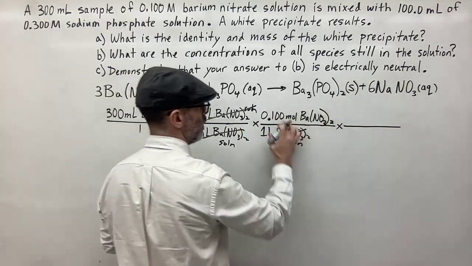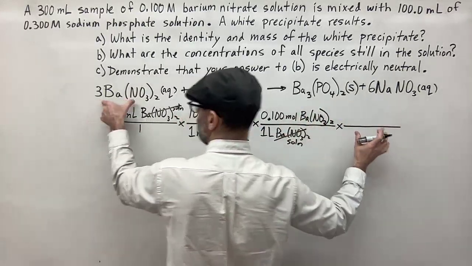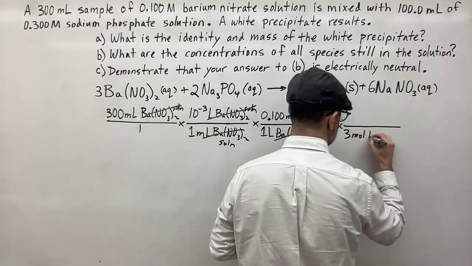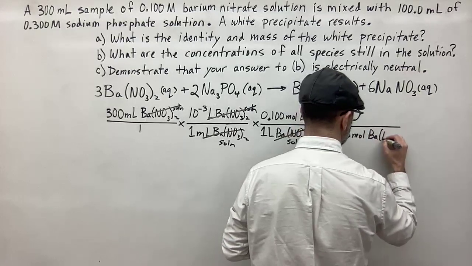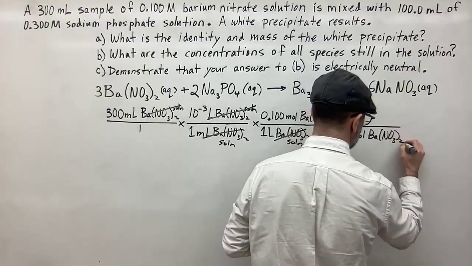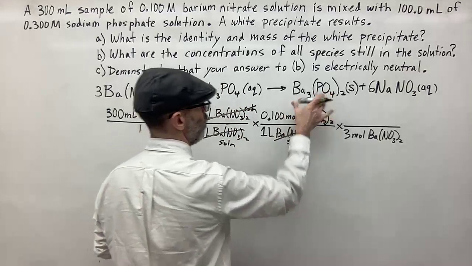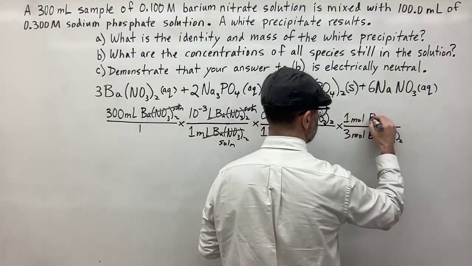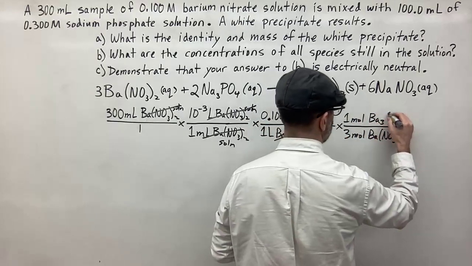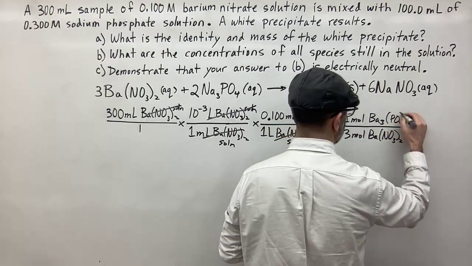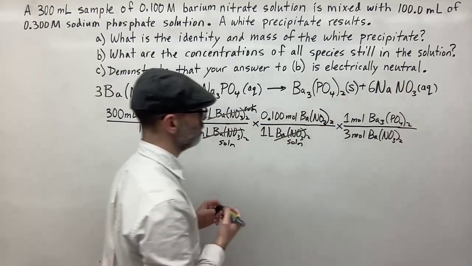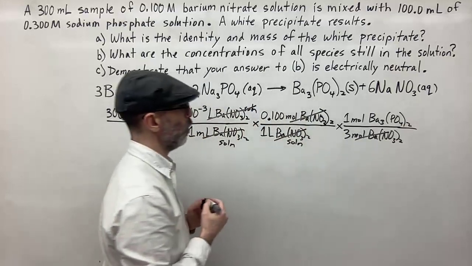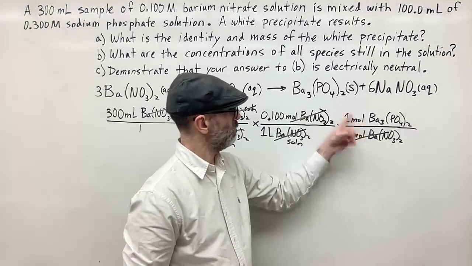Since I have moles of barium nitrate on top, I'm going to put 3 moles of the barium nitrate on the bottom, and I'm going to put 1 mole of barium phosphate on top. So moles of the barium nitrate will cancel out. Now I have moles of the barium phosphate.